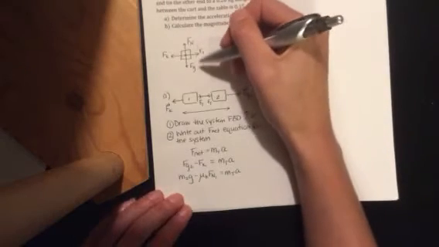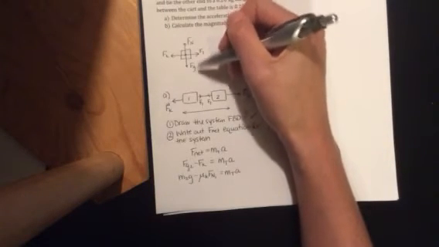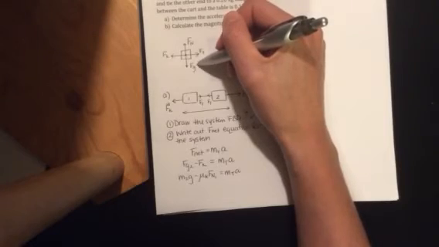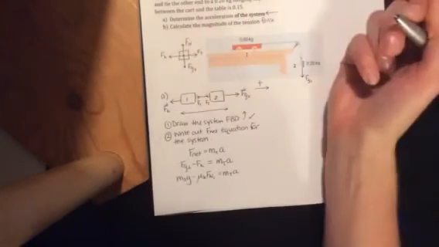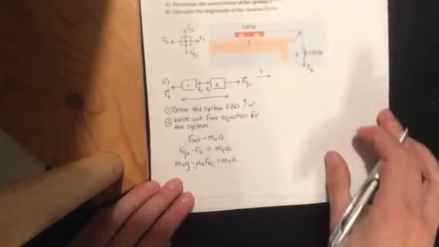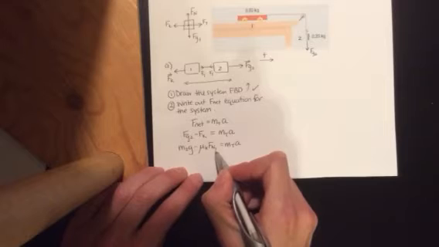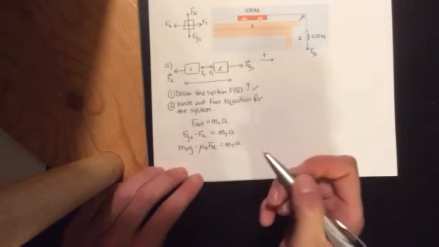The normal force, because the object's not accelerating in the vertical direction, is equal and opposite to the gravitational force of mass 1. So when we go to plug in down here, we're going to be able to put in m1g, because that's equivalent to the normal force.